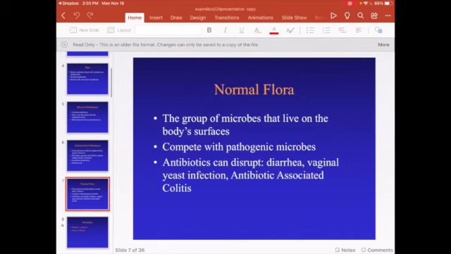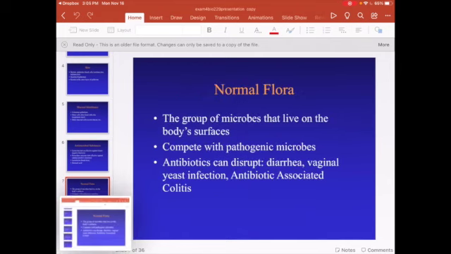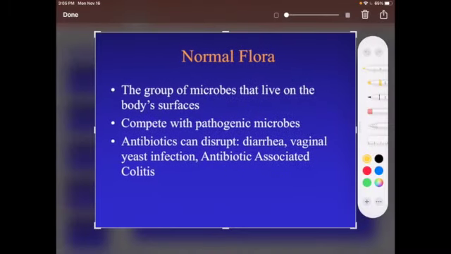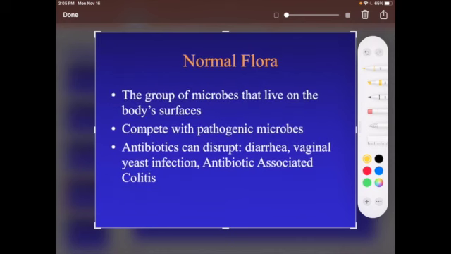All right, and then there is the normal flora. Oh, the normal flora is so wonderful. What would we do without it? You all know that our bodies are not sterile, right? The moment we're born, we start establishing a population of bacteria all over our bodies. They live on the body's surface, and sometimes, as you're going to find out from this New York Times article, inside the body too.